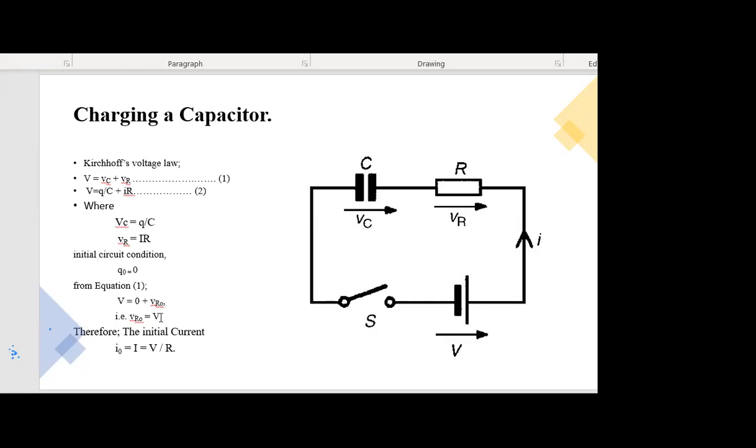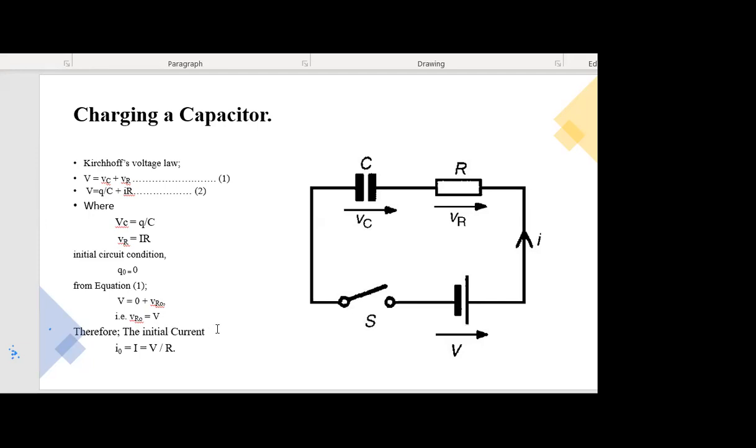So initially, the DC voltage depends on the voltage across the resistor.